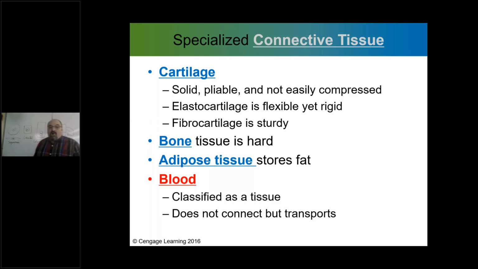Really, cartilage is hard to repair. Many times if it's damaged, you actually have to just remove the cartilage. What's another type of connective tissue here? Bone, right? The skeletal system, which we'll talk about next chapter, is very hard, very different from cartilage. How about adipose tissue?